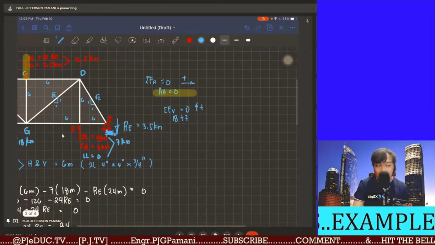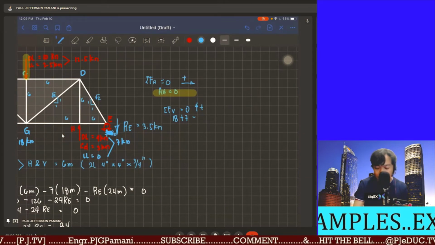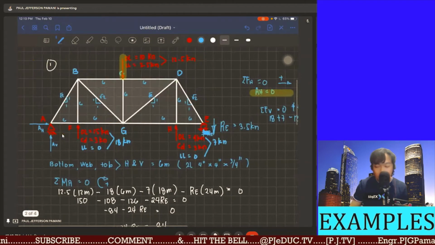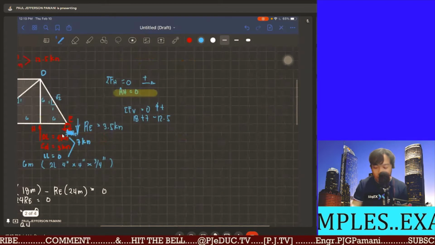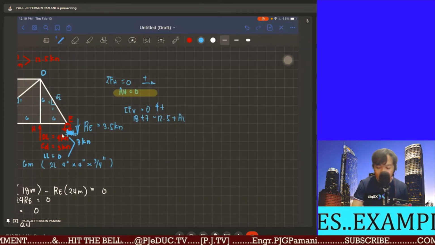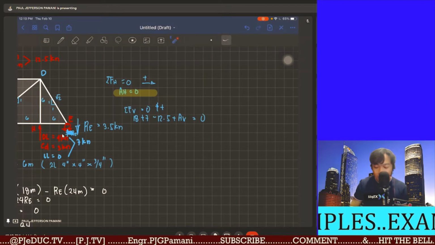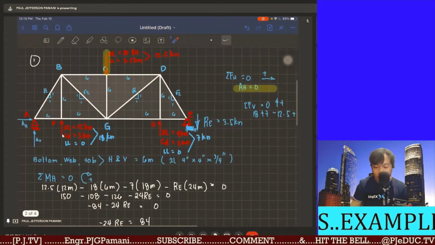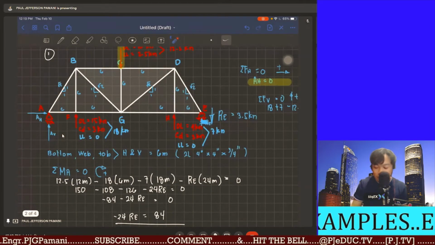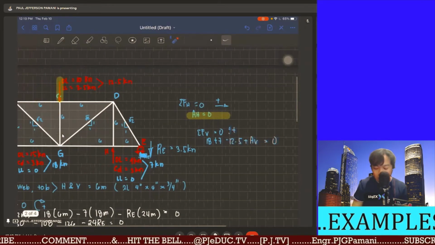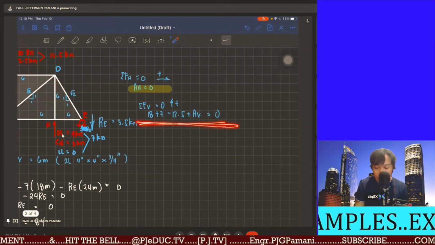More or less, that is now negative 12.5 kilonewton. And do not forget the unknown AV upward. So positive AV equal now to 0. Always do not forget to equate to 0 to set the system in equilibrium. Okay? So, eto ngayon yung ating summation forces vertical.